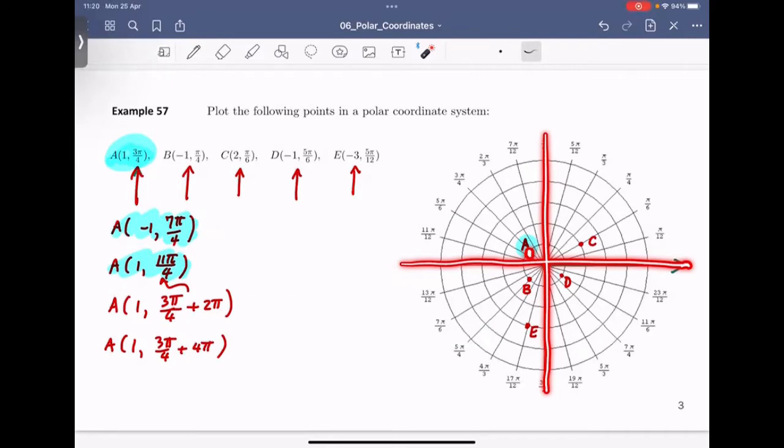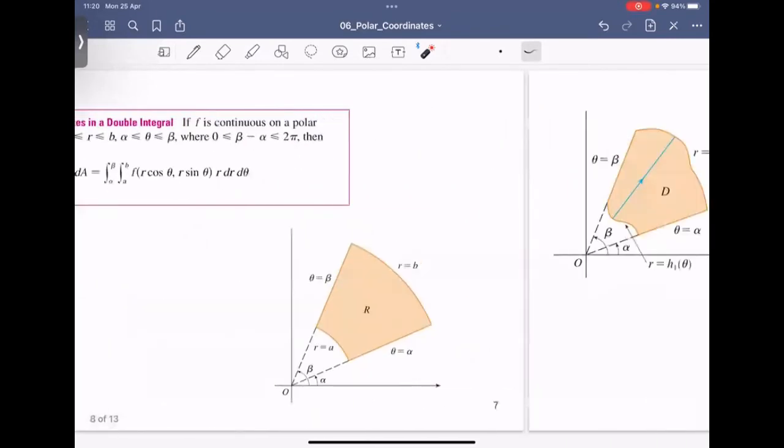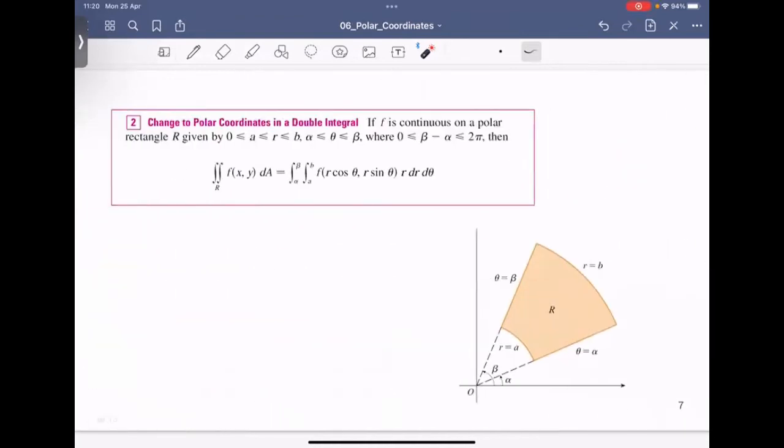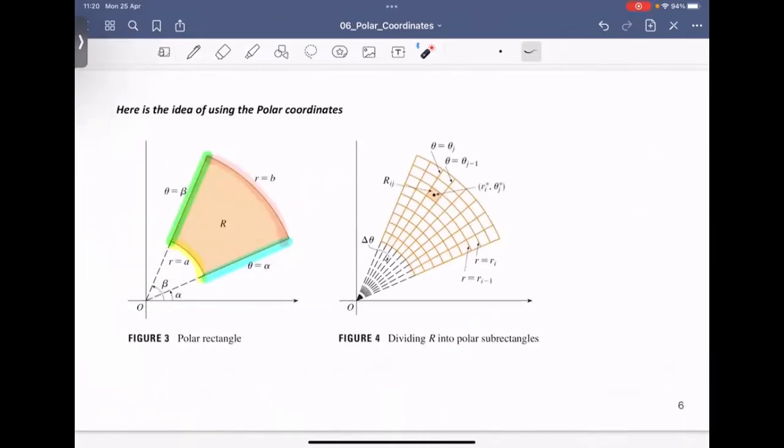If you know how to do that, it's going to be helpful for integration. Let me give you the big idea first, so you know why you have to care about this. When you do the integration, you're going to need to work with equations and points, right?